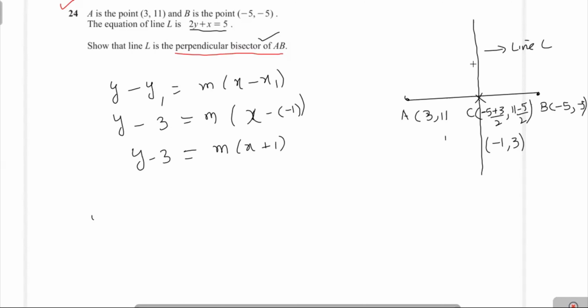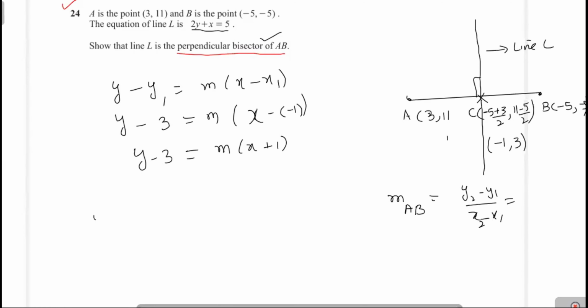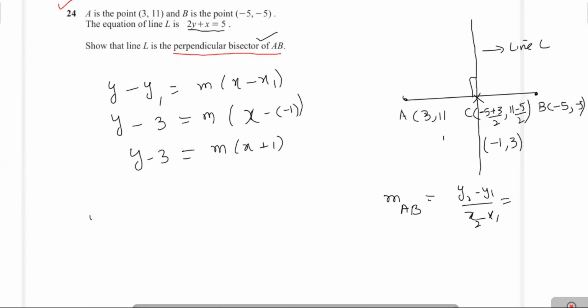For this, we have to find the gradient of the perpendicular line. The gradient of AB will be equal to y2 minus y1 over x2 minus x1. Here y2 is -5. Now we write it here as -5 minus 11 over x2 minus x1, this is -5 minus 3.